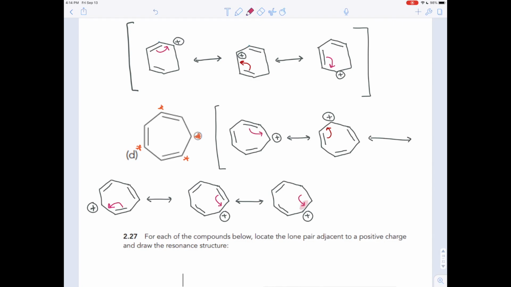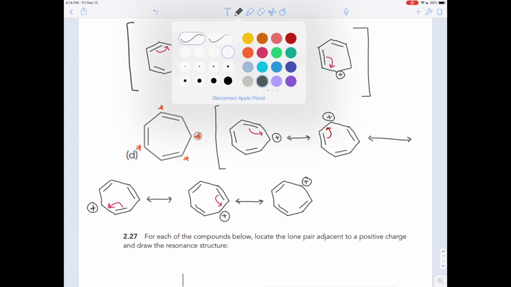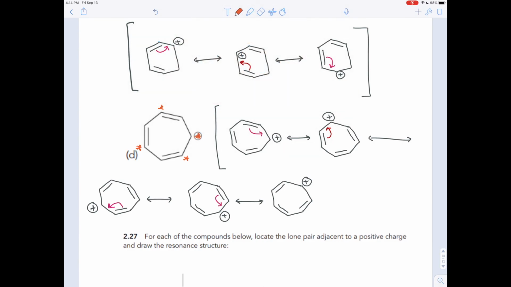Anywhere where you have the head of a curved arrow, that's where electrons are arriving, so you want to draw them in. If the head of a curved arrow points at a bond, then you draw those electrons arriving as a bond. And if you were to calculate all the formal charges, you would see that this one would disappear, and you'd have a positive charge up and to the right. So now we have this slight positive charge here.